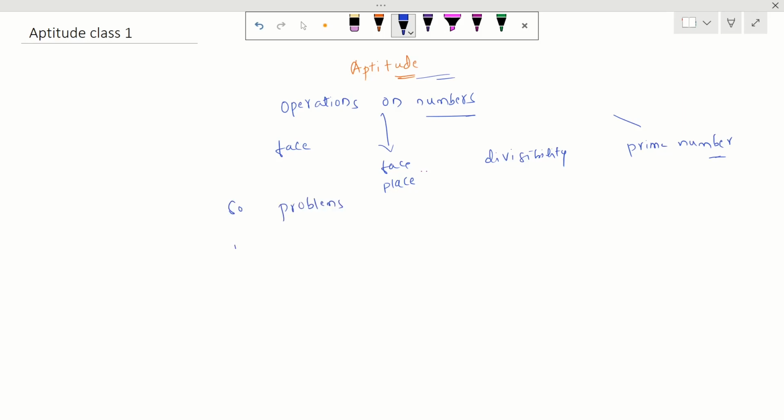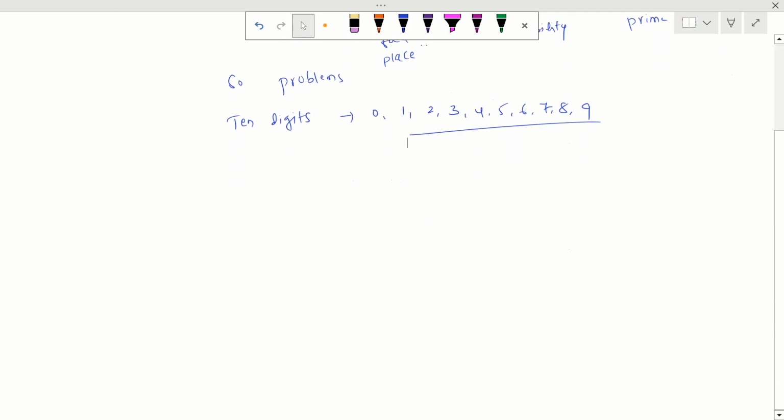We know we have 10 digits, those numbers are called 0, 1, 2, 3, 4, 5, 6, 7, 8, 9. These 10 digits are expressed in the Hindu Arabic system.